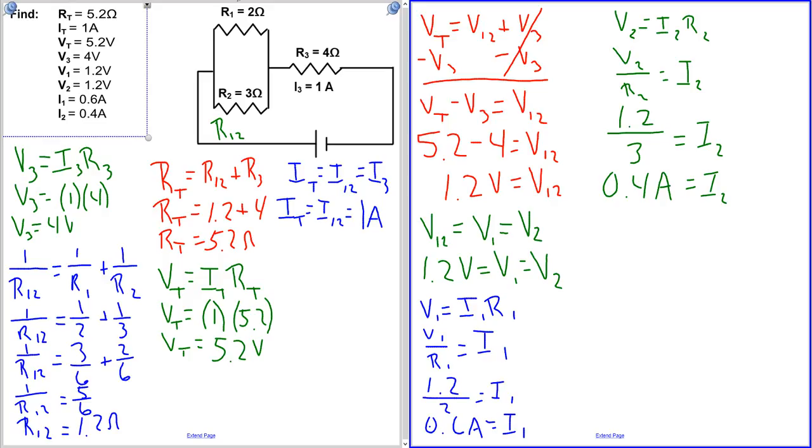If I want to check my work here, I can look back at the series rules, and I can say that I total equals I12 equals I3.